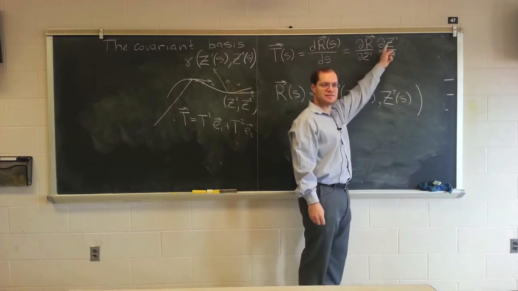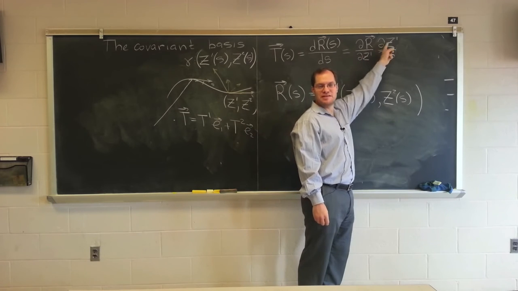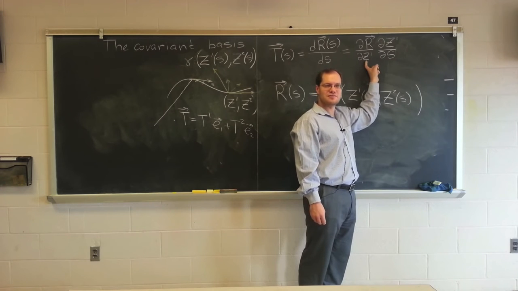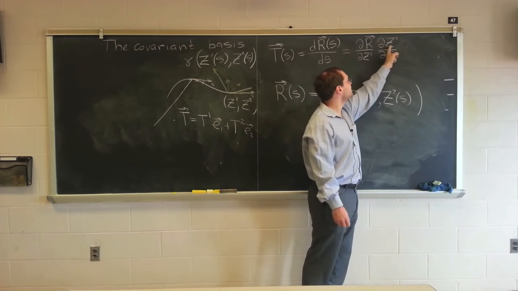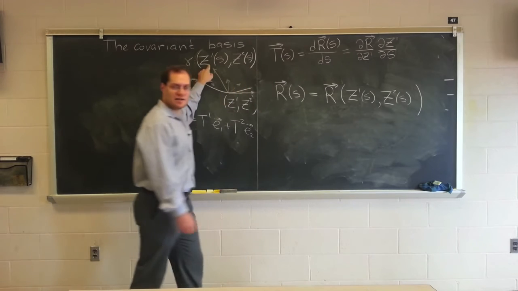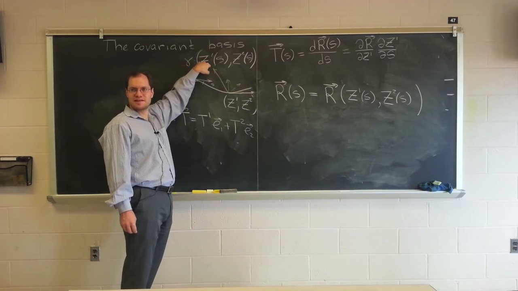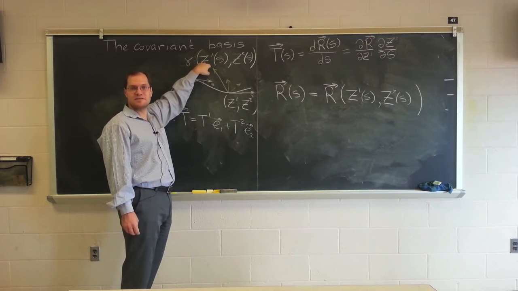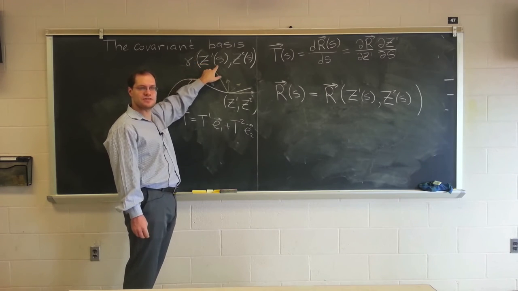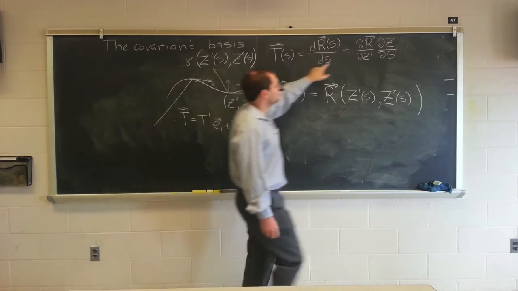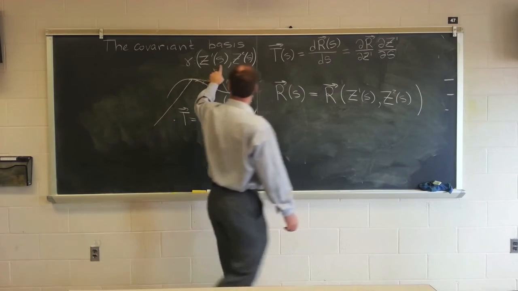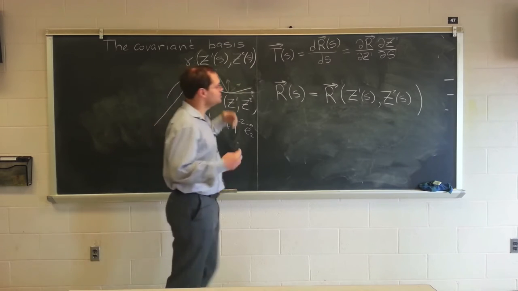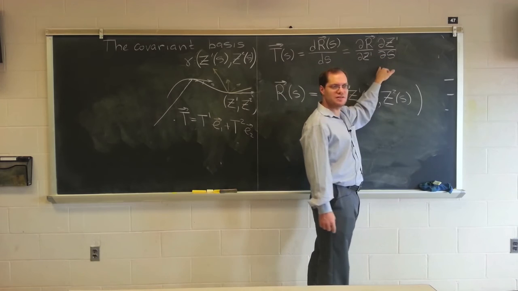Z1 appears twice. It means two completely different things. This is Z1, the coordinate, the independent variable. This other Z1 is the equation of the curve. This really deserved a different letter. But then we would run out of letters and be confused. So this dZ1/ds is the derivative of this function. So always make it very clear to yourself what the symbol means.